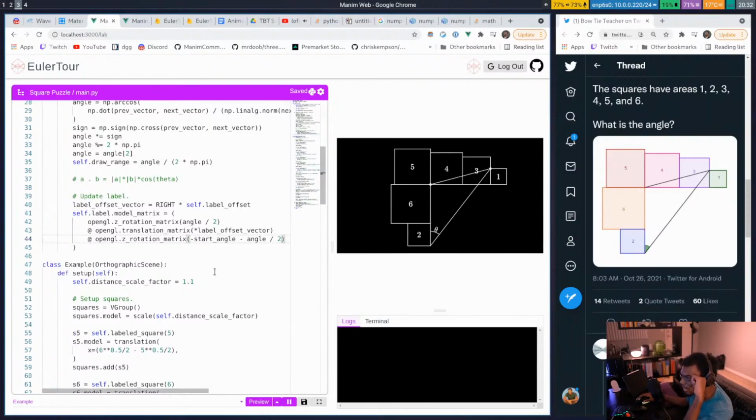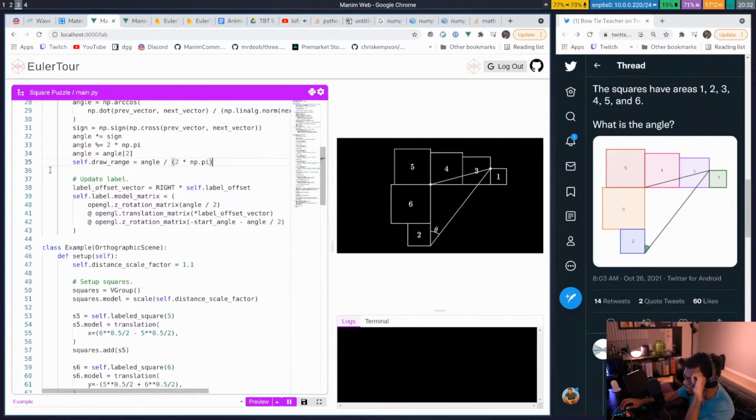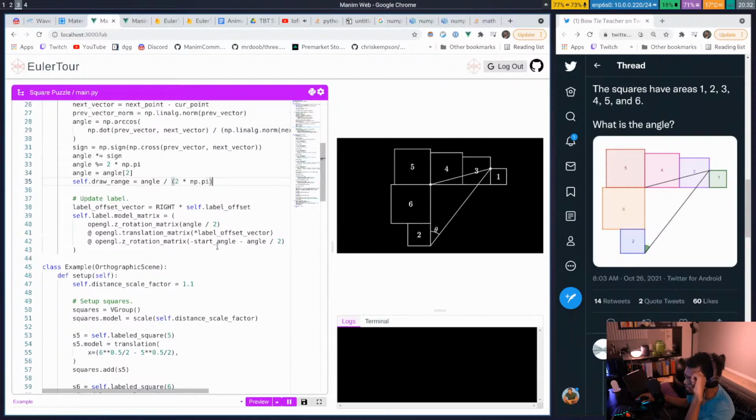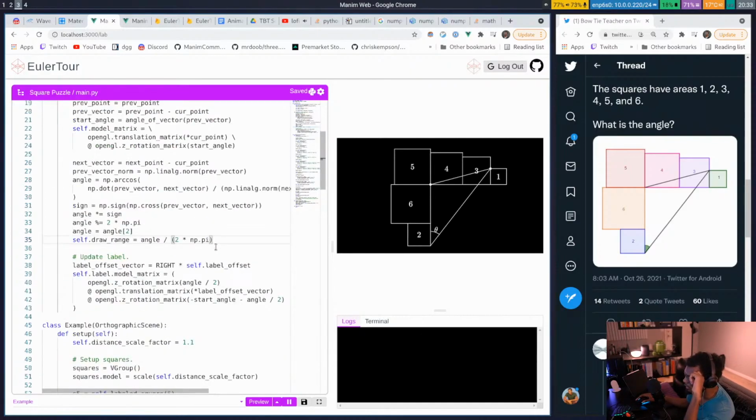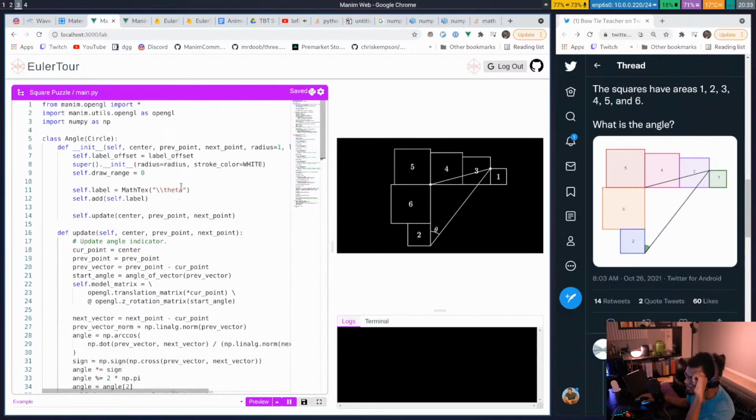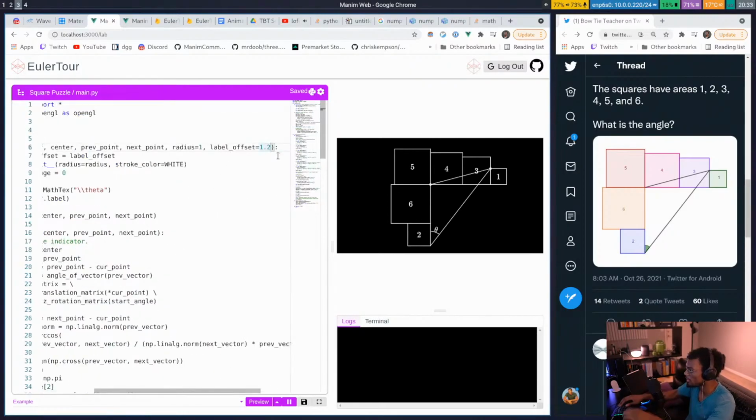It's funny because I don't think I actually even need that theta, because in this picture it isn't labeled. But that's fine. Maybe I'll just update this default to 1.3.